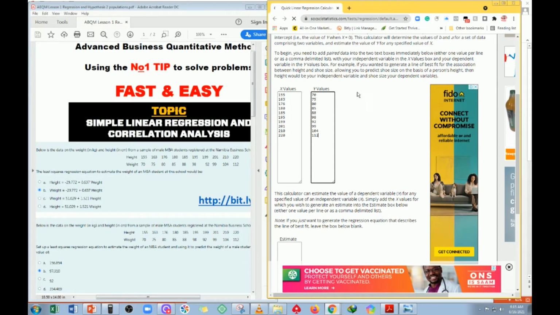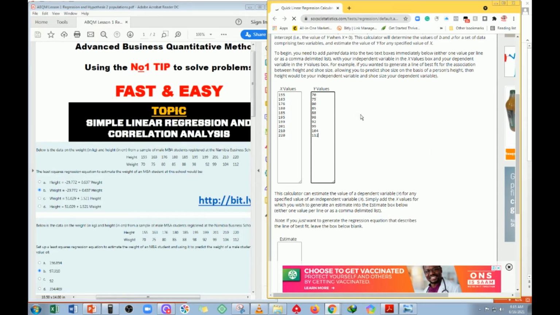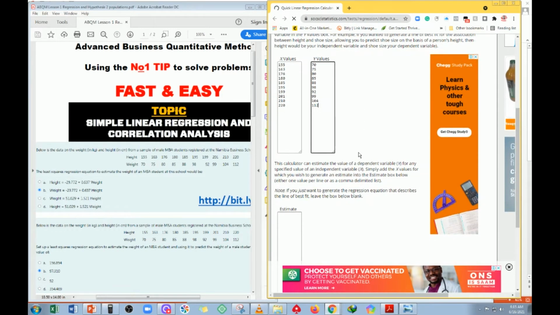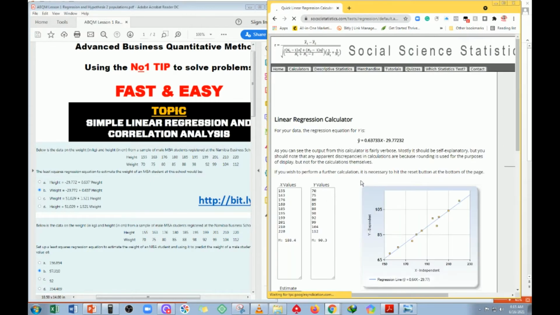Alright, so very simple. Once you are done putting your figures, you simply come here and press calculate. So once you press calculate, look what it brings you. Very simple and straightforward. So remember, y is your weight.